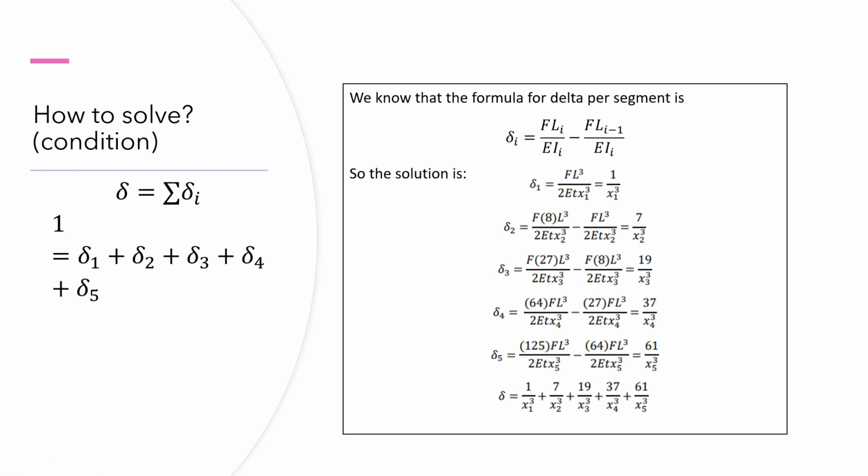We are making the calculations from right to left. As you can see, we are making corrections because the segments have a different deflection depending on the area and on the inertia, of course.